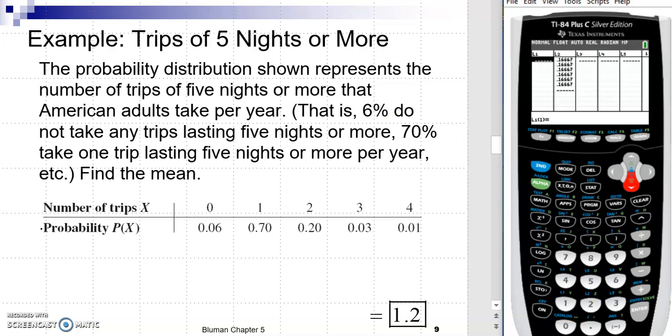So that's the 0, 1, 2, 3, 4. And then in list 2, we're going to type in the corresponding probabilities for those. Clear out list 2. And we put in 0.06.